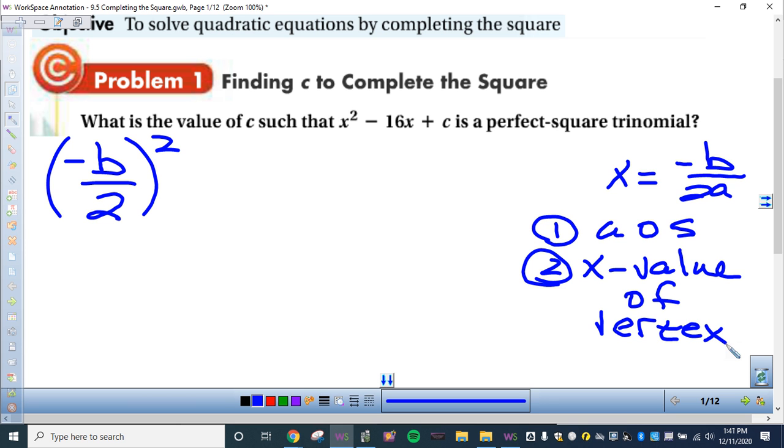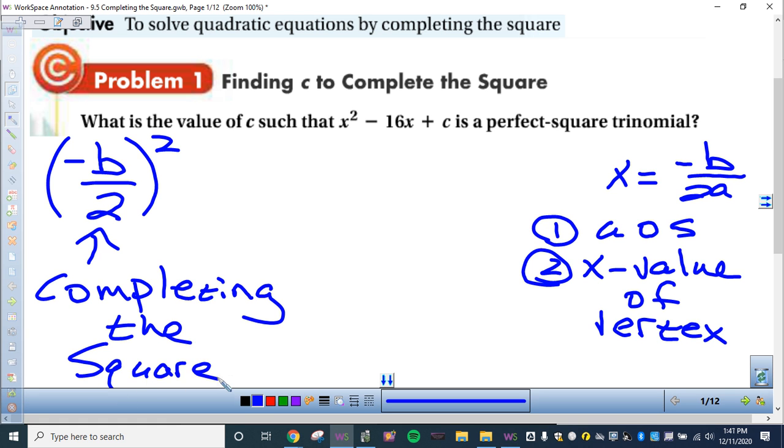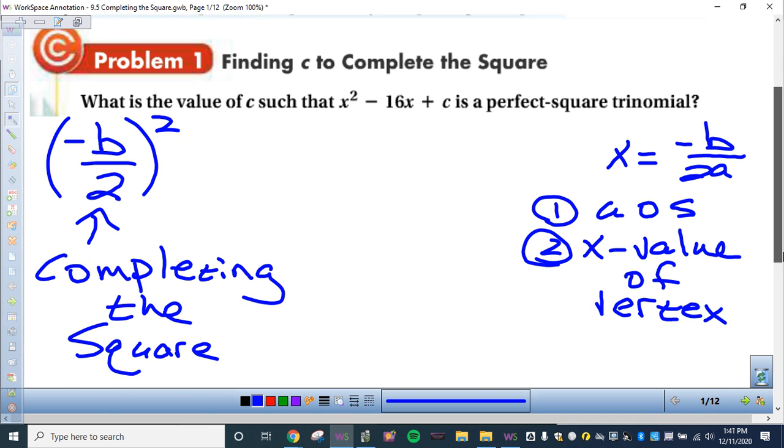Two different purposes. Whereas this one here is just for completing the square. So you've got to keep those two formulas straight. If you mix them up, all hell breaks loose and you're not going to be happy with your grade.